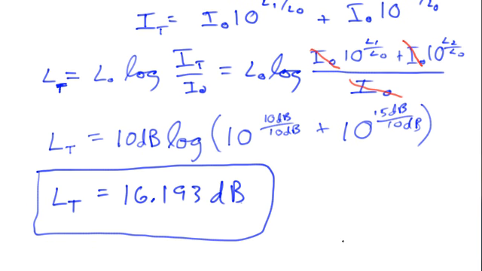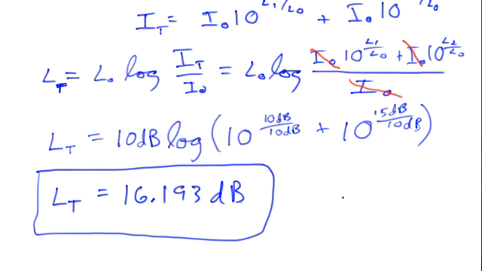Alright, so it does come out in just decibels. The units work out. What I'm trying to take the log of is unitless, so the units work out there. So all the stuff that's easy to check checks out well. And I would say the combined loudness is only 16.193 decibels.